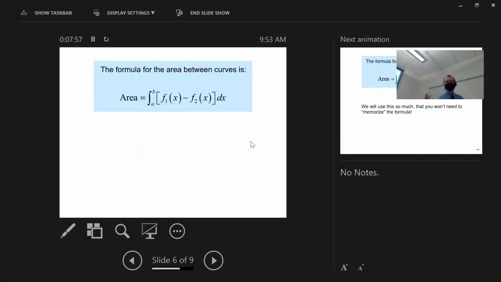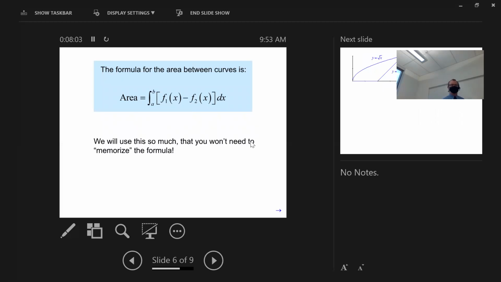And they say this is the area between curves. You don't memorize it, you just think through it. But you got to listen to this. It's upper take away lower. If you're doing the problem dx, and that distinction might not make sense to you until tomorrow when we do some problems dy.